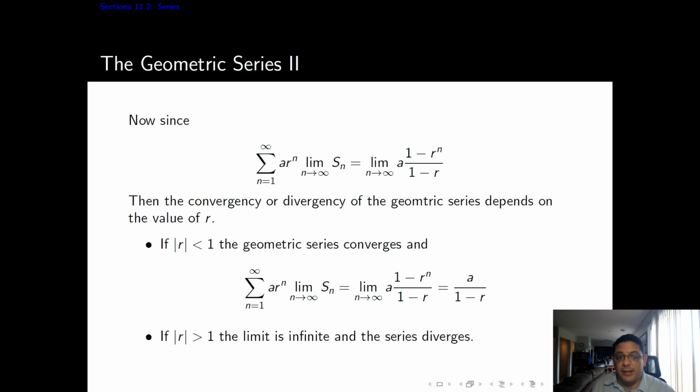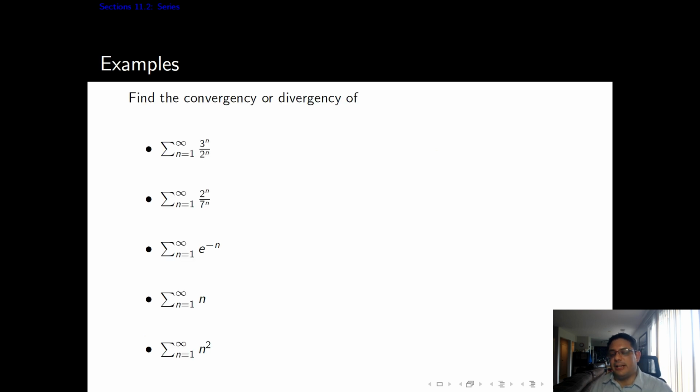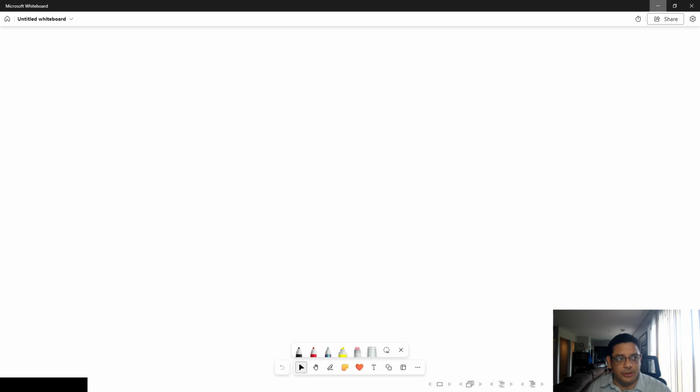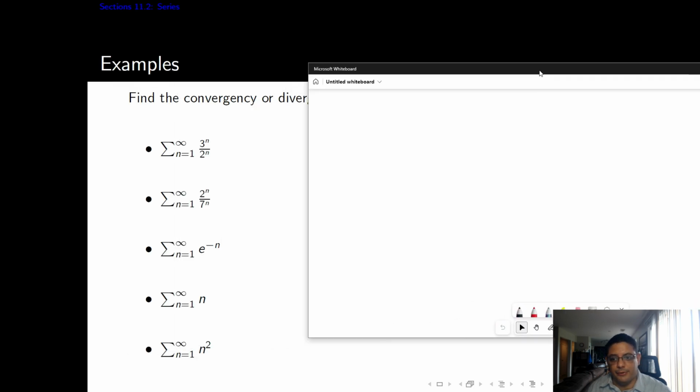Now, if r has an absolute value bigger than 1, then this is an exponential that is going to grow unbounded, and the limit is going to go to infinity. And so in that case, the series will be divergent. Now, let's check the convergence or divergence of a couple of examples.